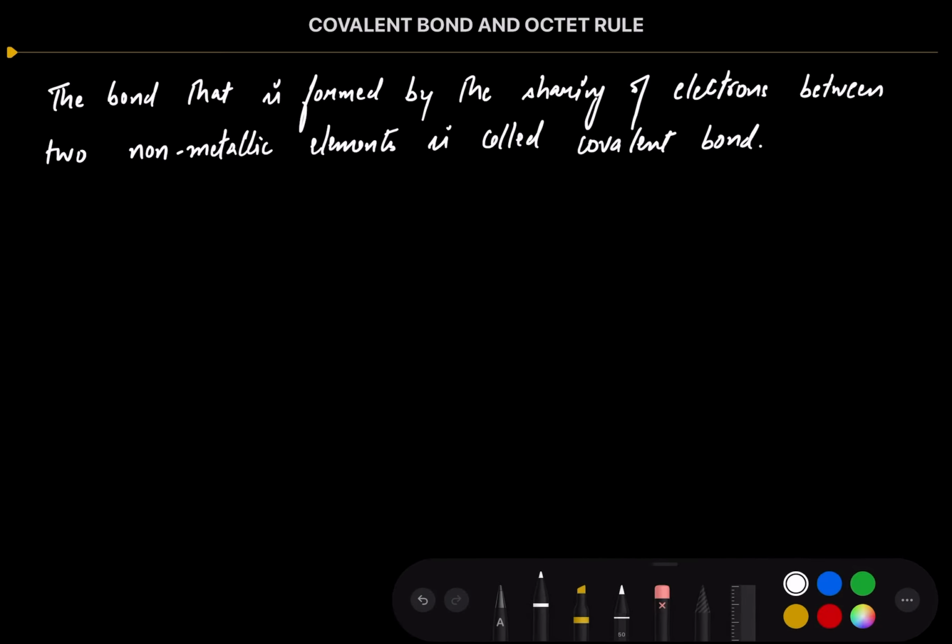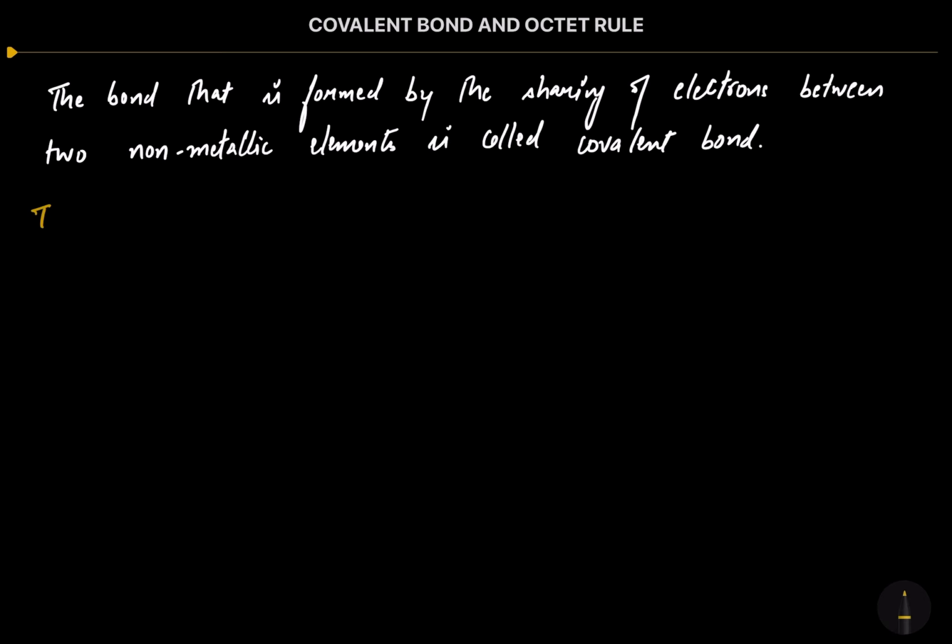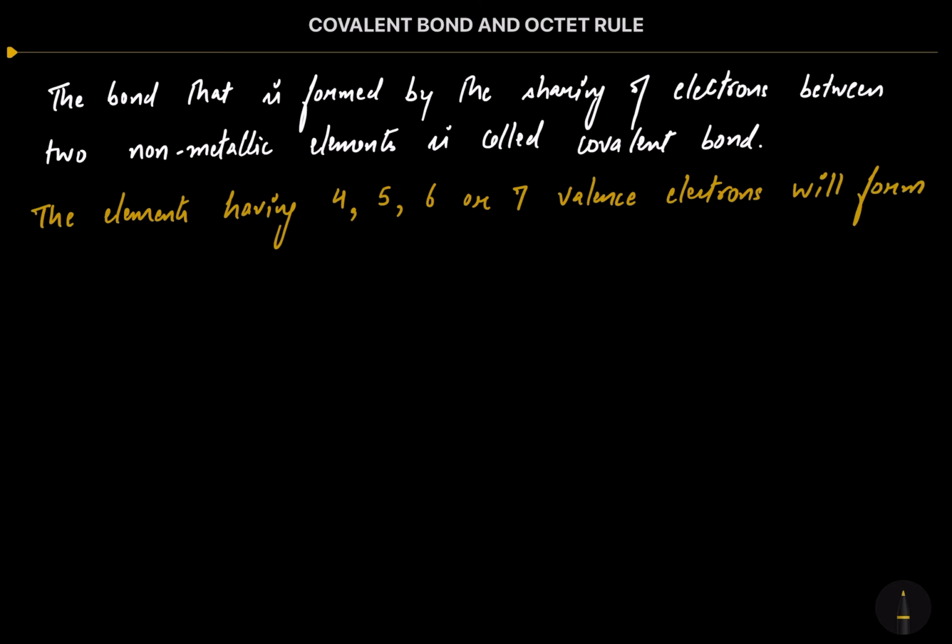So I am writing, the elements having 4, 5, 6 or 7 valence electrons will form covalent bond among themselves, or each other.